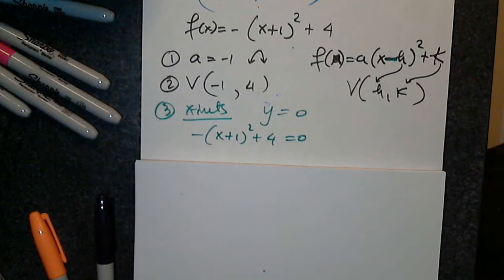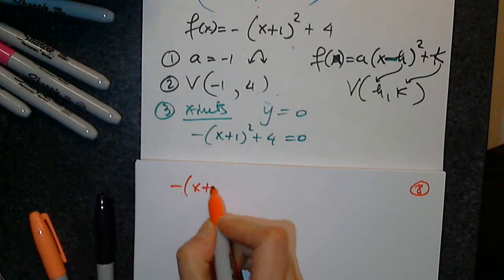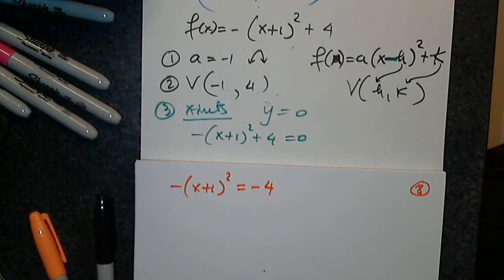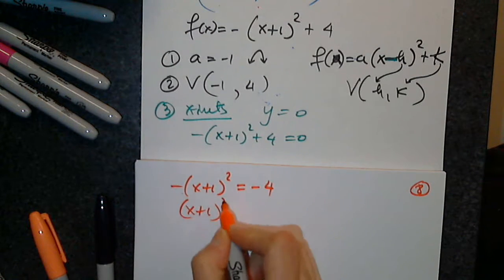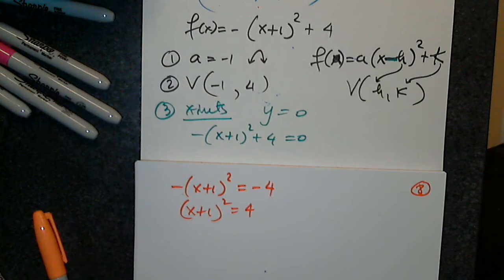I would subtract 4, divided by the -1. Right. How many solutions do I have to write, because I don't want to forget something crucial? I ask myself, I'm solving a quadratic equation. How many solutions do I have to find?